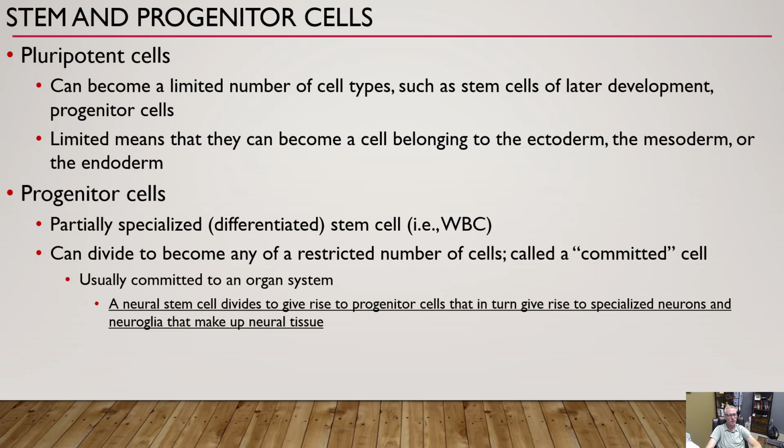Pluripotent cells are the next one up. They can become a limited type of stem cells, belonging to either the ectoderm, mesoderm, or endoderm. Progenitor cells can be the pluripotent cells.